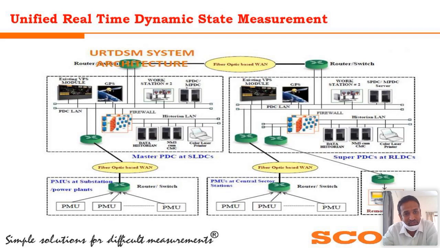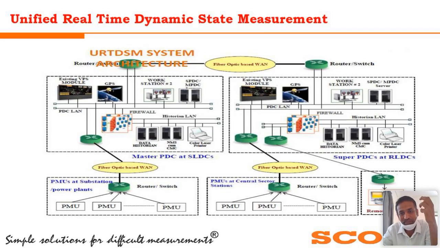This is the architecture of the system, where you can see the PMUs down the line giving data to the PDC through optical fiber, because optical fiber is very important in this case. Earlier, we were sending data to SCADA centers on the 101 protocol, and now we are mostly sending data on the 104 protocol. But even with the 104 protocol, people use different methods to send the data, like GPRS or optical fiber.